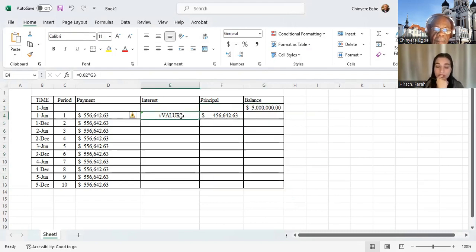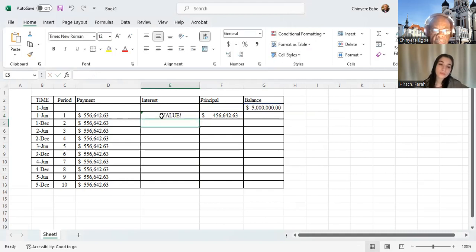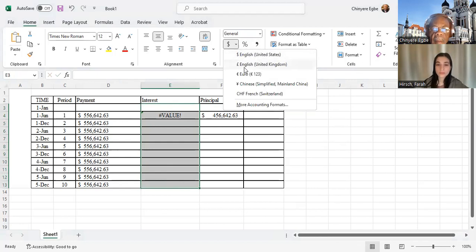Equals 0.02 G3. Why is it not giving me the result? Yeah, I get errors like that sometimes, but I don't know how to fix it.